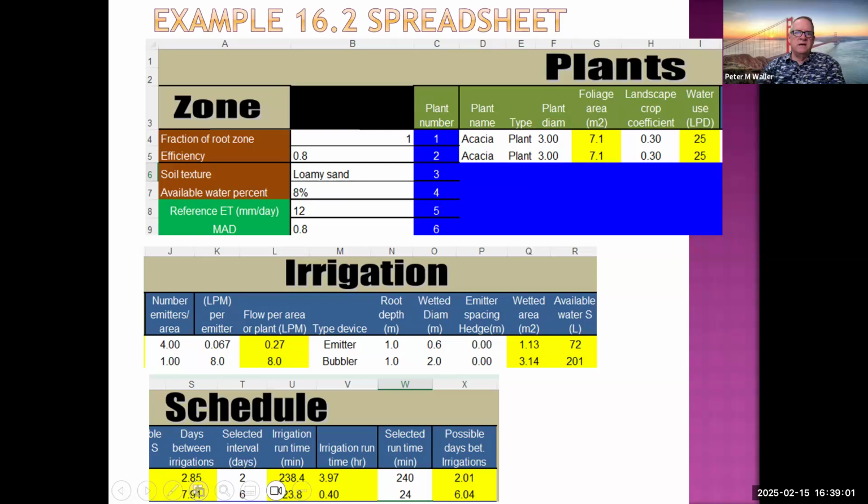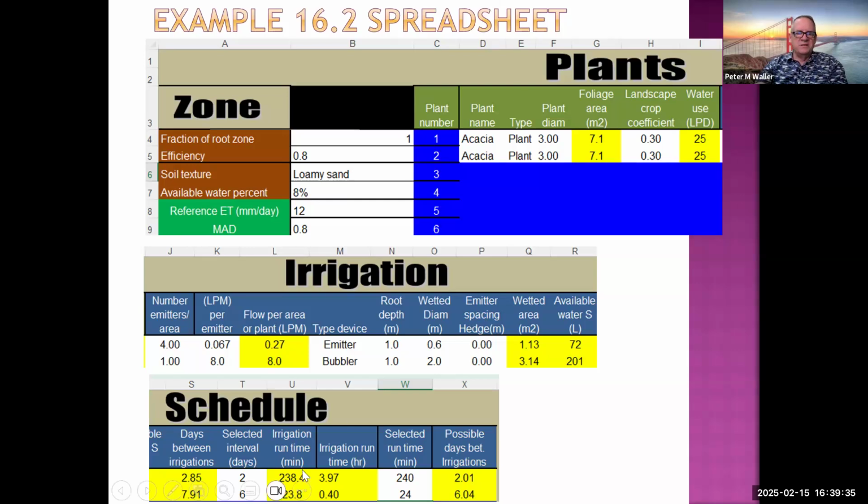So then you decide on an irrigation schedule. In this case, we're just going to say we're going to irrigate the drip every 2 days, the bubblers every 6 days. And this is why you don't put bubblers and drippers, or different types of irrigation application devices, on the same zone. You never want to mix drippers with sprinklers or bubblers, because you're just going to way overwater the other system just to water enough with the drip.